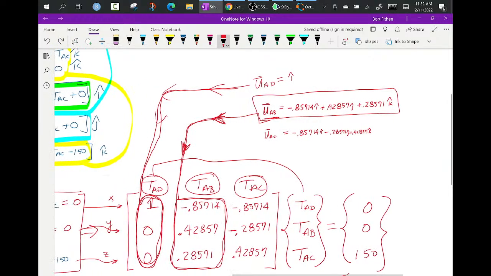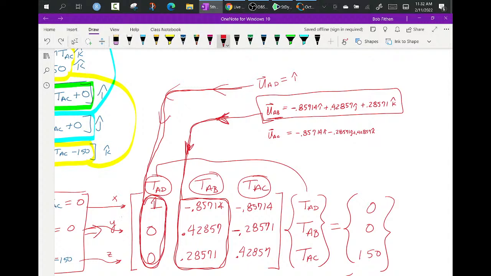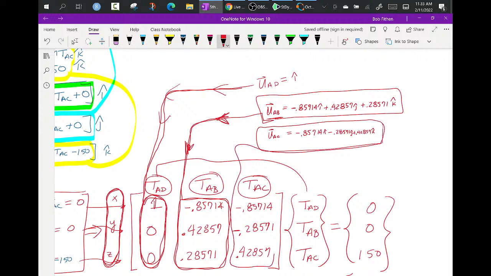Now, you have to be careful because if you list these X, Y, and Z in this form, X is the first row, Y is the second row, Z is the third row, this always occurs. This one happens to be that one. 0.85 sits right there.